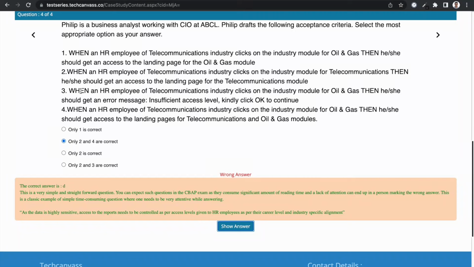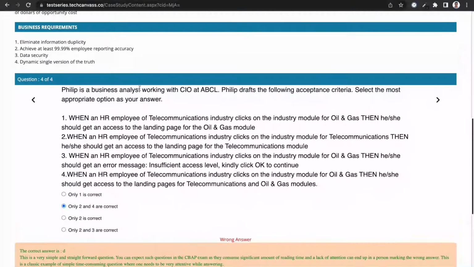And the third one as well: when an HR employee of the telecommunication industry clicks on the industry module for oil and gas, then he or she should get an error message like insufficient access level. Kindly click OK to continue. That is how you should answer these case study questions.